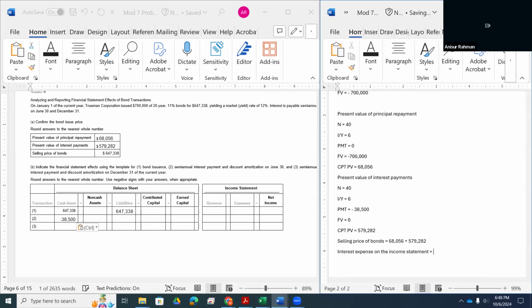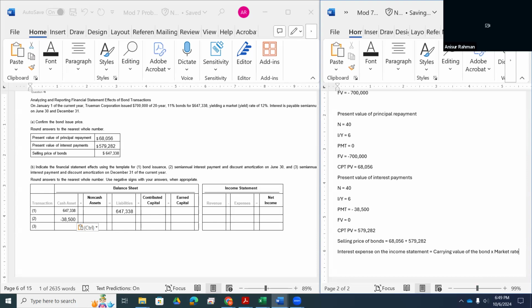So it will be carrying value of the bond multiplied by market rate.